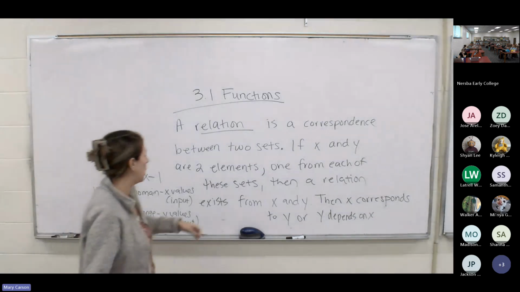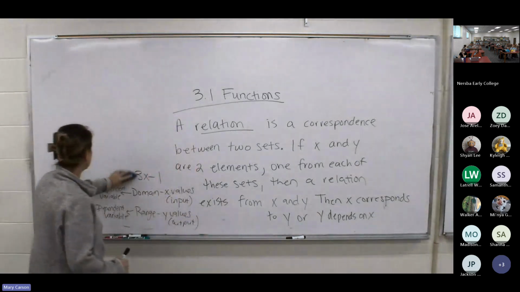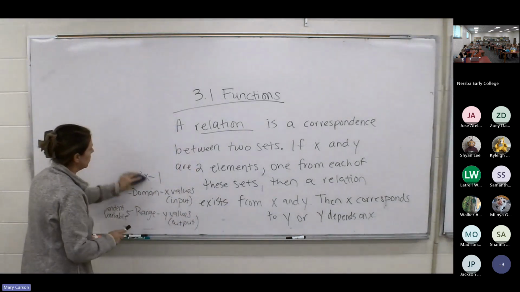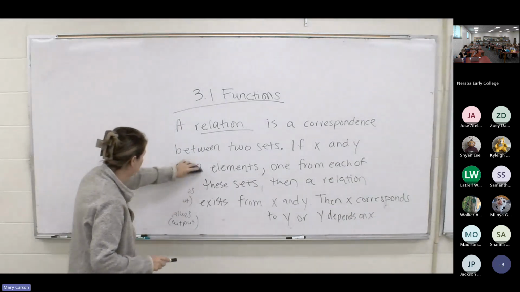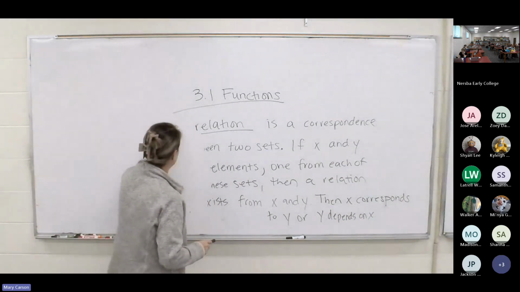All right, so we can represent a relation in different ways. Like I said, an equation is one way to represent it. We can also represent it in something called mapping. Have you heard of mapping before?